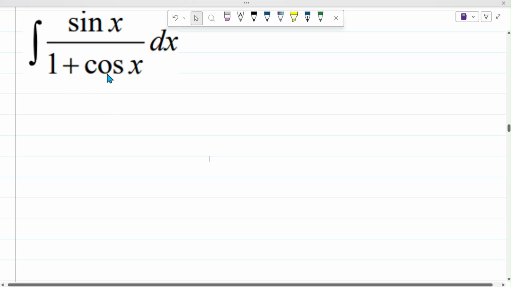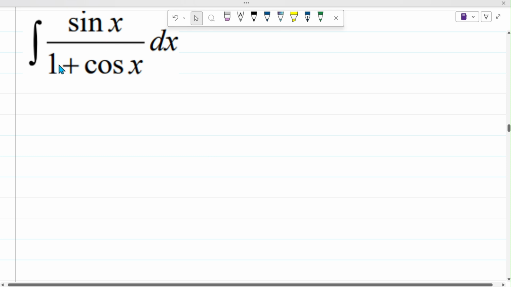We're going to apply the same thing here. Because we can't simplify here, we need to check: can we make one f of x and the other f prime of x? If we make 1 plus cos of x our f of x, can the numerator be f prime of x?